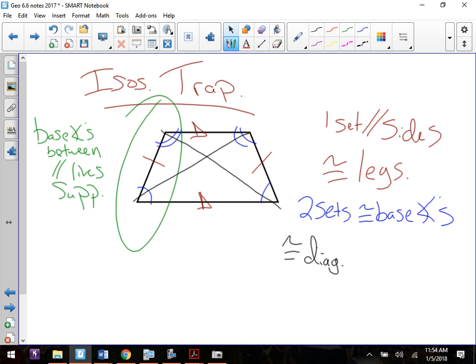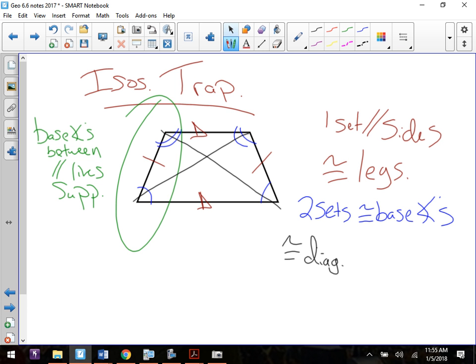So regular trapezoids are just one set of parallel sides. Isosceles trapezoids have a whole bunch of other stuff with them. Just so you remember, when you have a non-isosceles trapezoid, these two angles here are still supplementary.